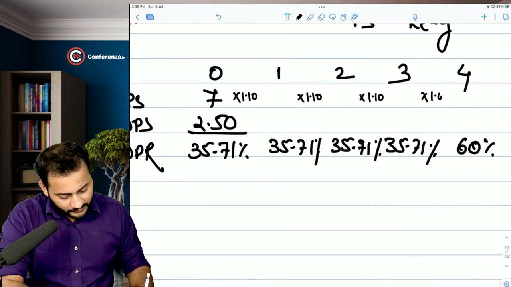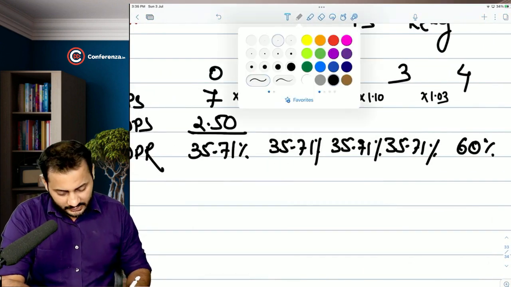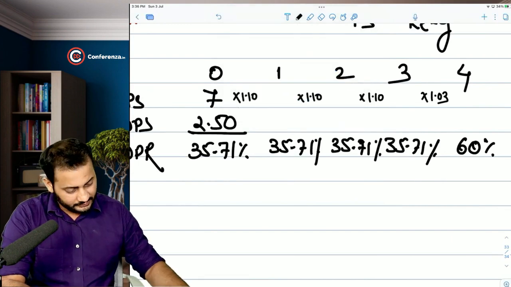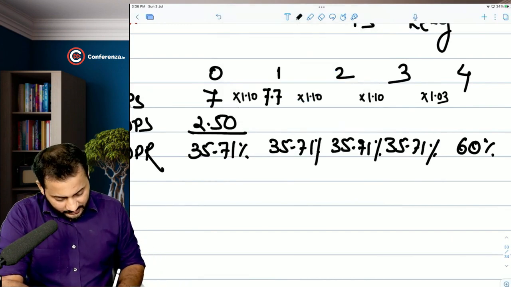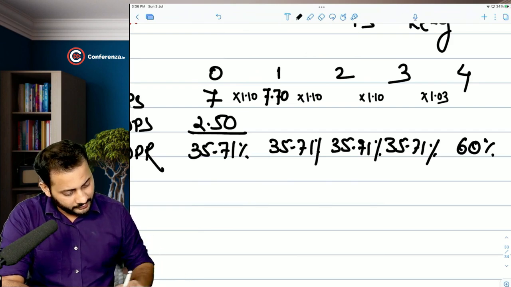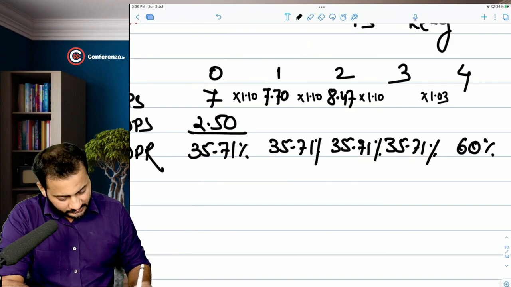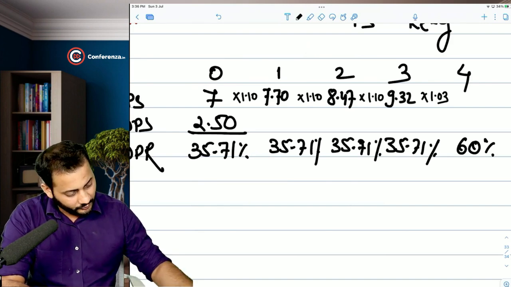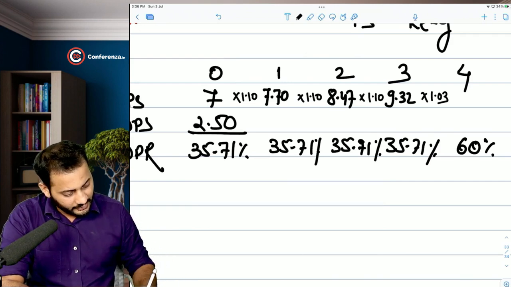So multiplied by 1.03. Let's reach at the answer. I think this is going to be 7.70, into 1.1 will be 8.47, into 1.1 will be 9.32, into 1.03 will be 9.60.